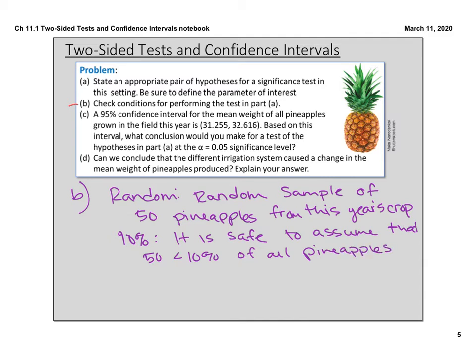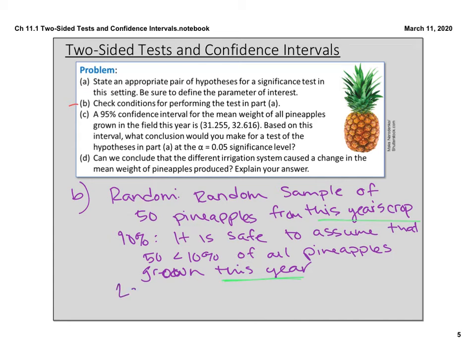Notice that they keep addressing the year, grown this year. They keep addressing this year because this is directly relating this current year to a previous year. So you really need to be explicit about what time frame you're looking at, which is why you've got that in a couple of areas. This year's crop, all pineapples grown this year, etc.